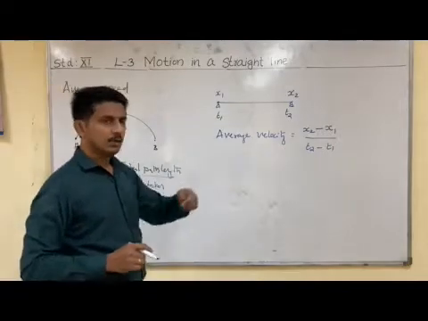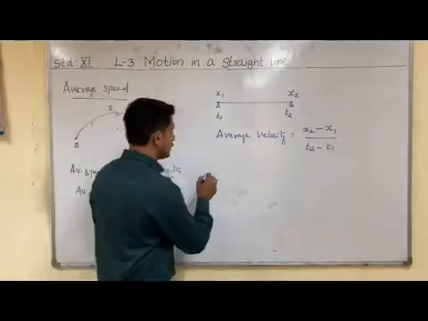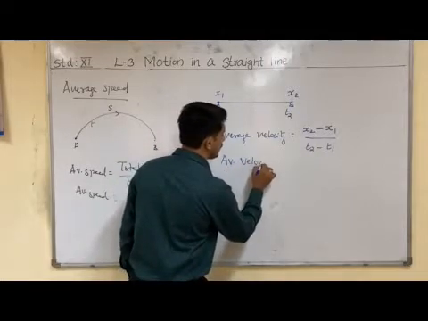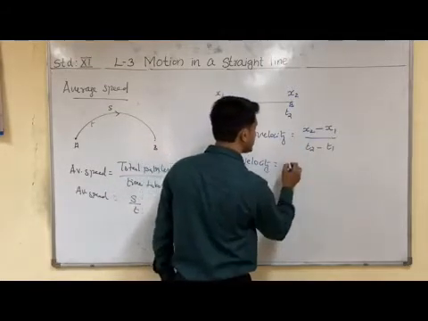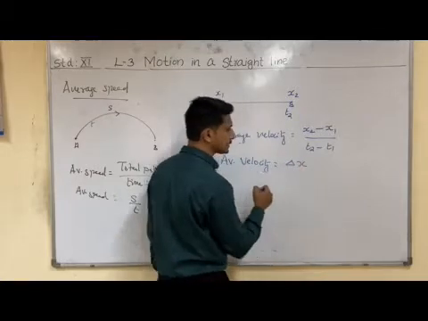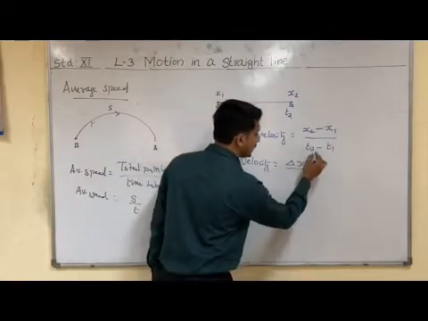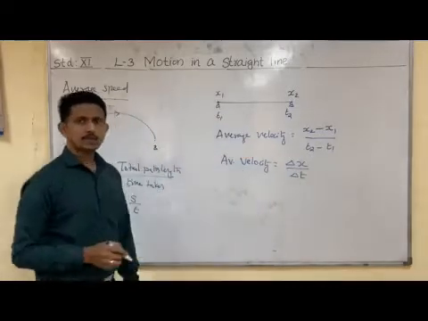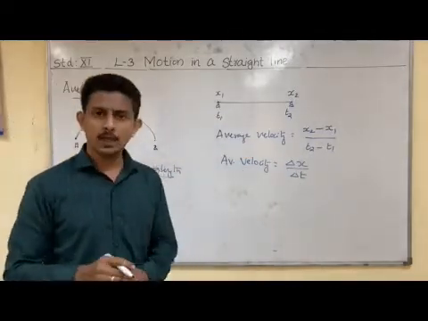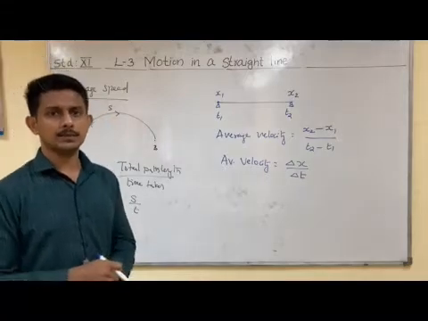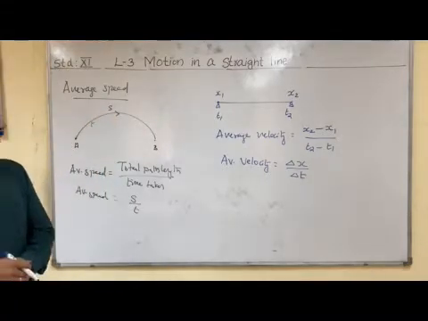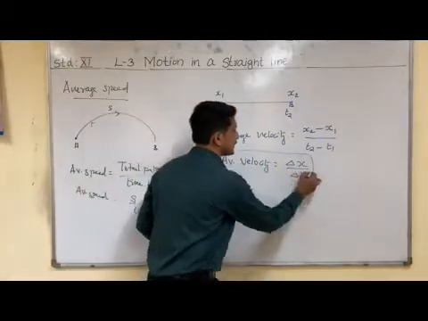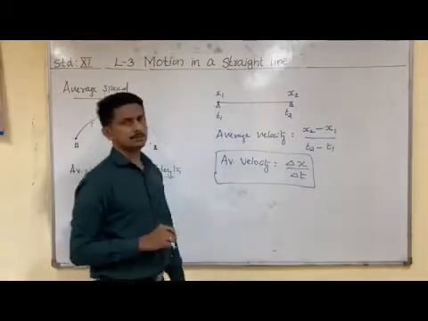We can represent x2 minus x1 as delta x and t2 minus t1 as delta t. So we can represent the average velocity as delta x by delta t. Remember this average velocity as delta x by delta t.